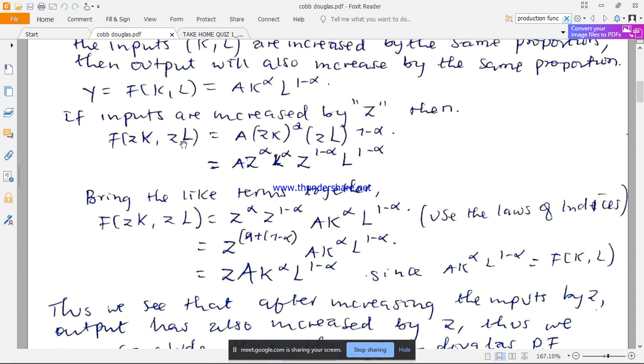But if we've increased by 2 there, and then here we have something, let's say 1, then we are going to conclude that after increasing inputs by 2, output has only increased by 1 unit, which means I have decreasing returns to scale. Again, if after increasing inputs by 2, I have a value here greater than 2, let's say 2.5, then I will conclude that this thing has got increasing returns to scale.